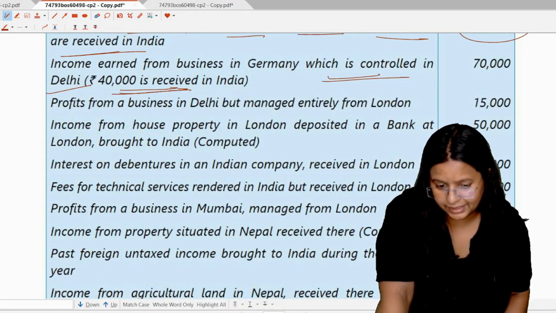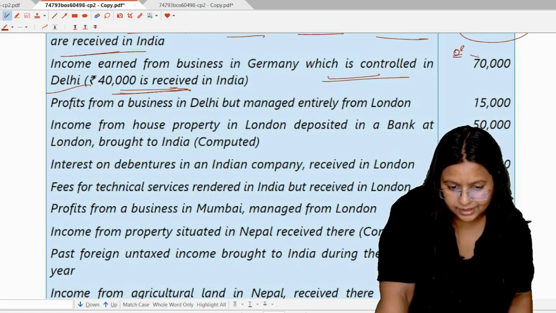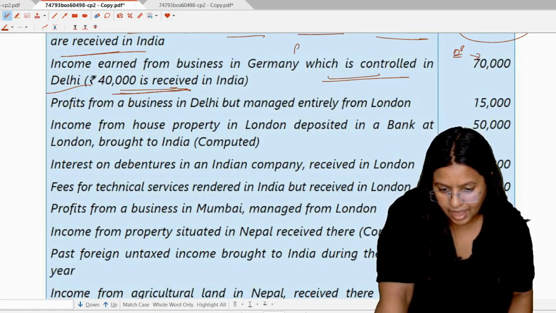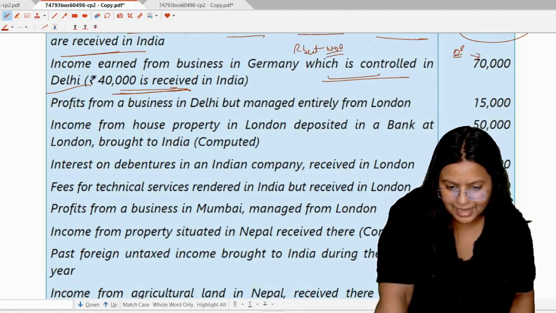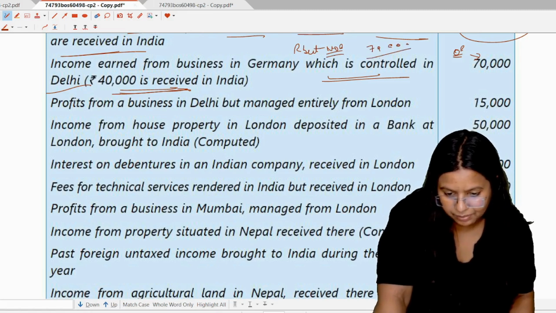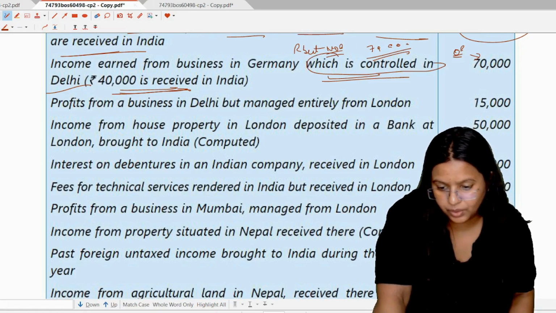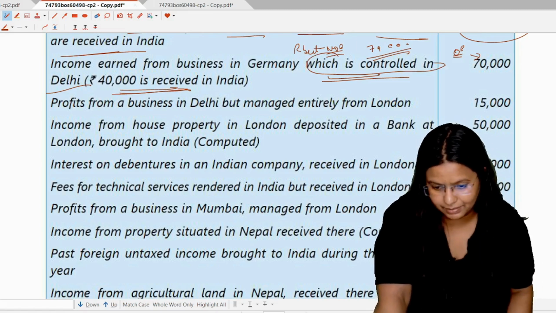40,000 received in India. So student, first of all, for ordinarily resident, the complete income will be taxable, that is 70,000. For NOR, the complete income will be taxable, 70,000. The reason is that the business is in Germany, but it is controlled in India, Delhi. That is controlled in India, and so the complete income will be taxable here.